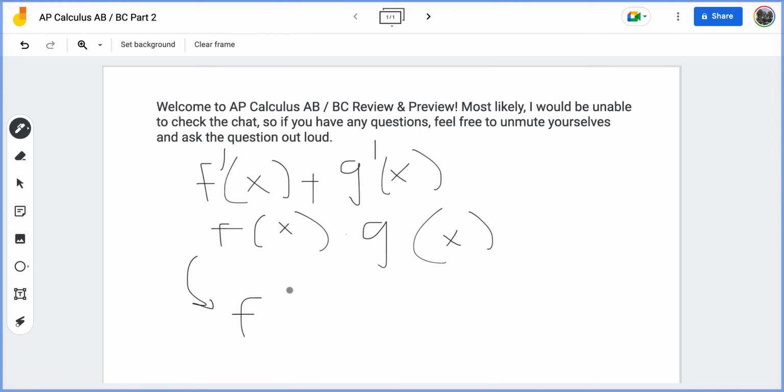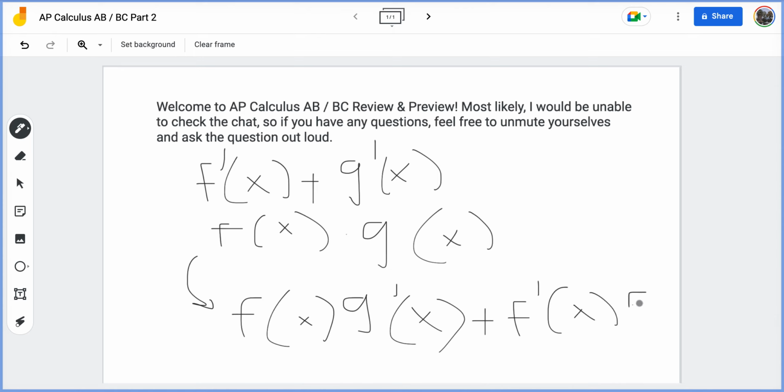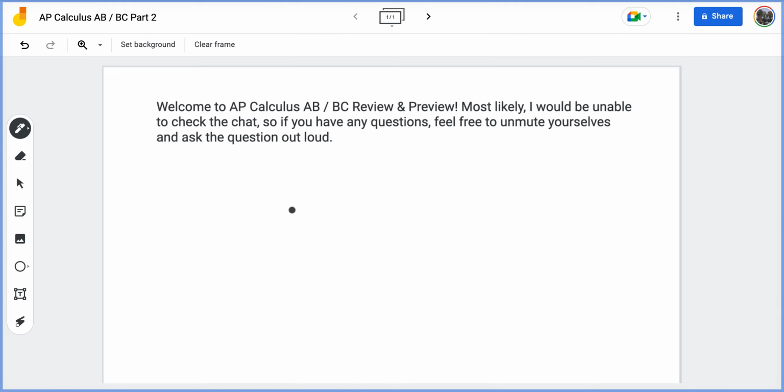You're going to get f of x times g prime of x plus f prime of x times g of x. That's the product rule for derivatives. There's also a similar one for division.